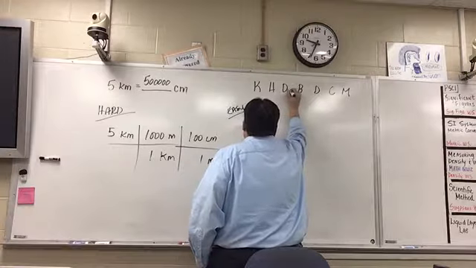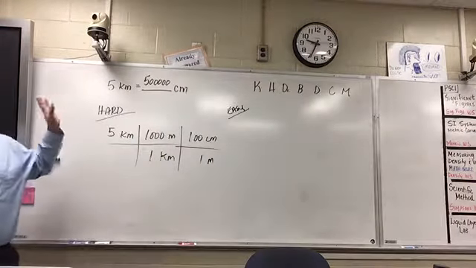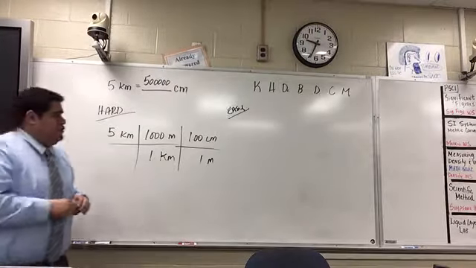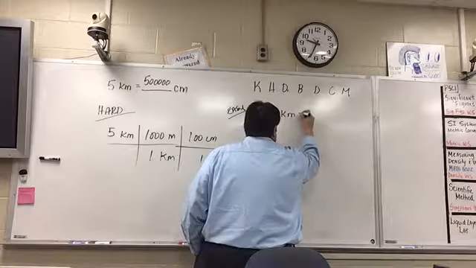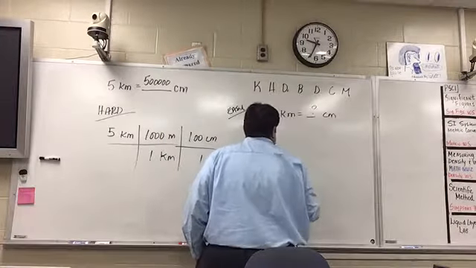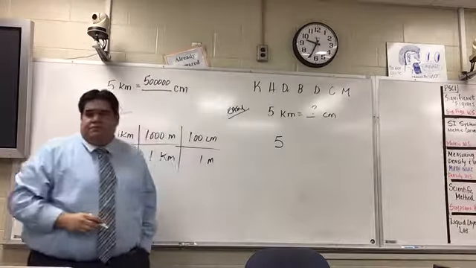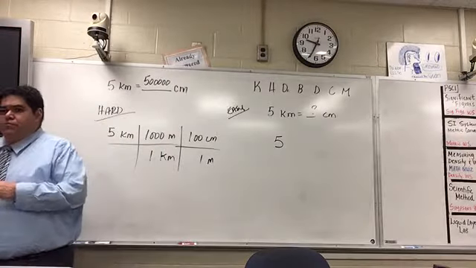Okay? Now, because I have that up there, now I have my conversion scale. All right? I have my conversion scale. So therefore, again, what am I doing? I'm taking 5 kilometers, and I want to know how many centimeters that is equal to. So, my number is 5. What is the prefix that I started with?